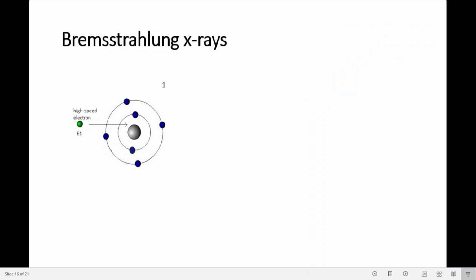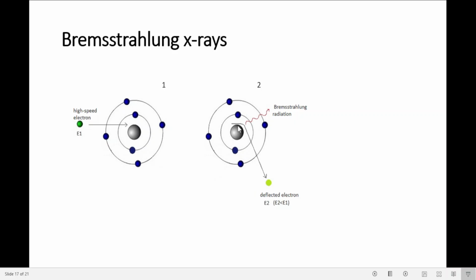So let's go step by step here. We have an electron being accelerated towards this atom, interacting with the electric field of the nucleus. It's a high-speed electron. The electron is deflected from its original path and it is decelerated. It is slowed down. As it does so, it loses energy in the form of electromagnetic radiation called Bremsstrahlung radiation.